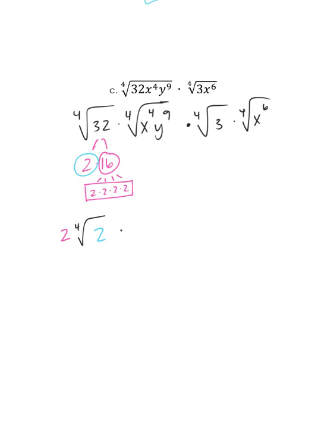Now we're going to simplify the second part. So x, we're going to do my exponent 4 divided by my index 4, which gives me 1. So that entire x is going to be taken to the outside.